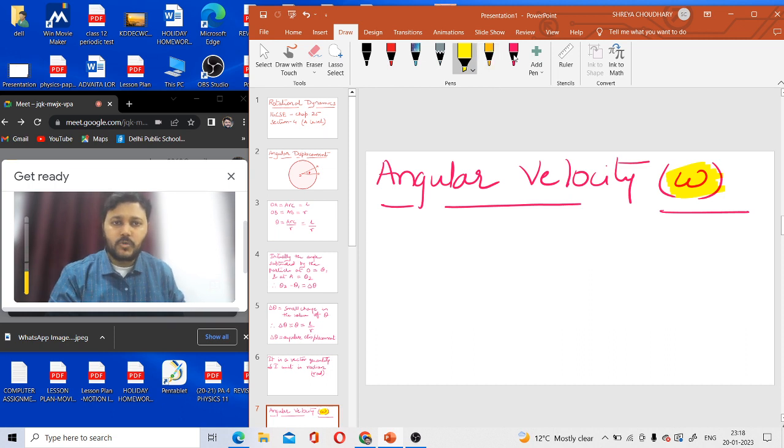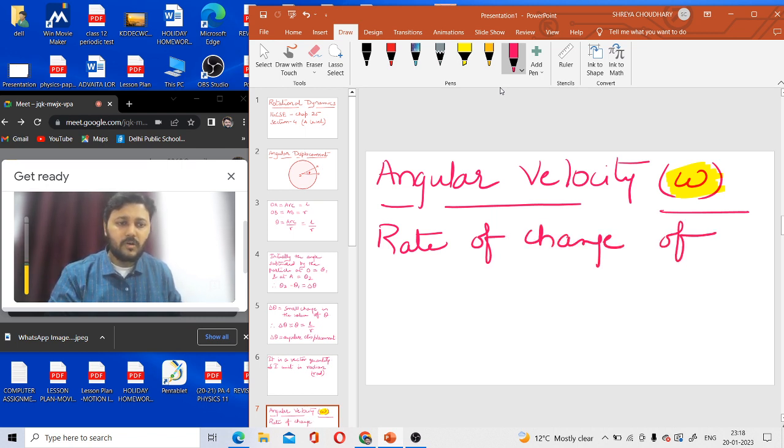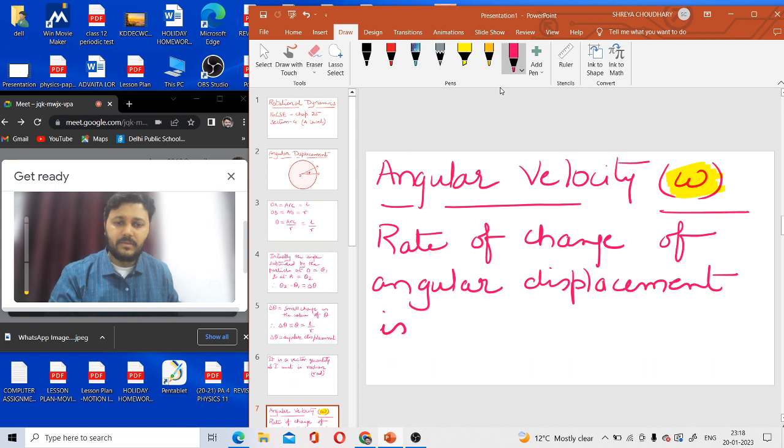Okay, so the rate of change of angular displacement is called angular velocity.